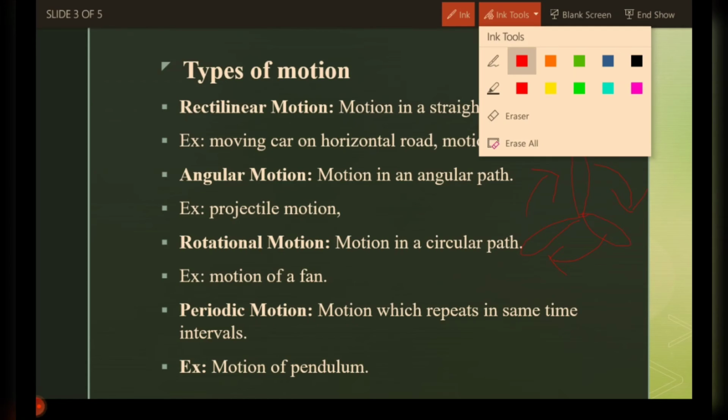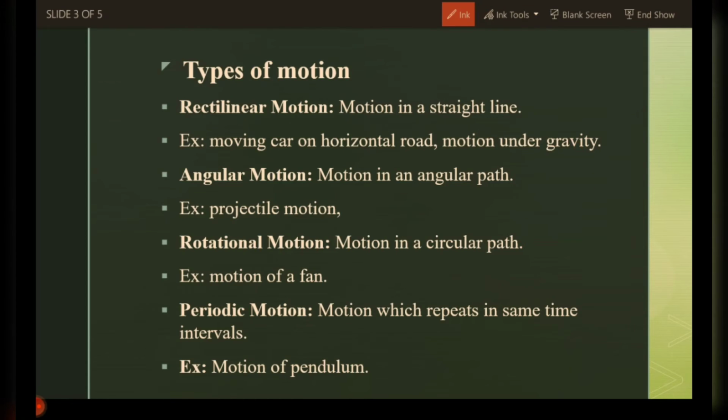Then the fourth type is periodic motion. Periodic motion means motion which repeats in the same time interval. For example, motion of a pendulum. Have you seen the pendulum? It covers the same path in the same intervals of time and it will be repeating, right?